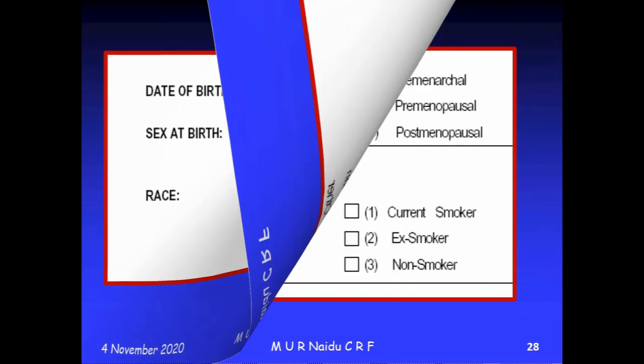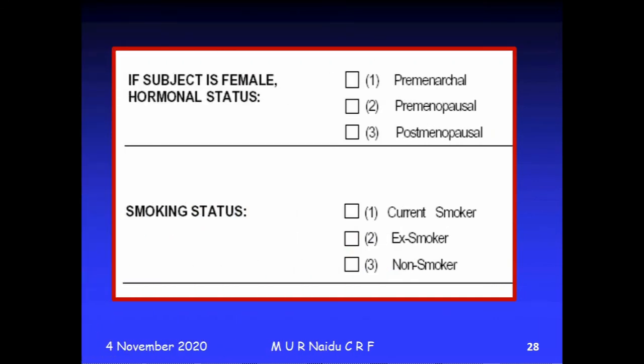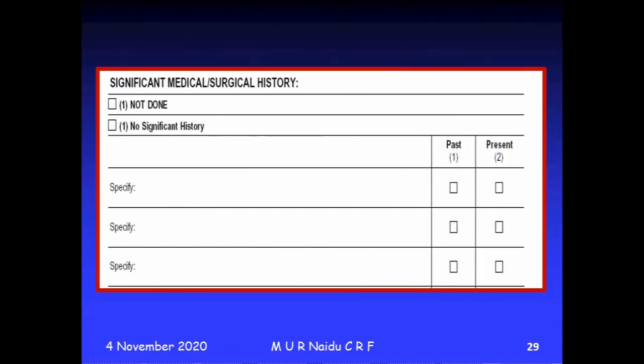Then the subject's hormonal status, especially when the subject is female, has to be recorded. Smoking status is also very important. Significant medical or surgical history is very, very important. All the medical problems associated with the participant or surgeries done should be included, and if the space is not sufficient, you can include additional sheets.